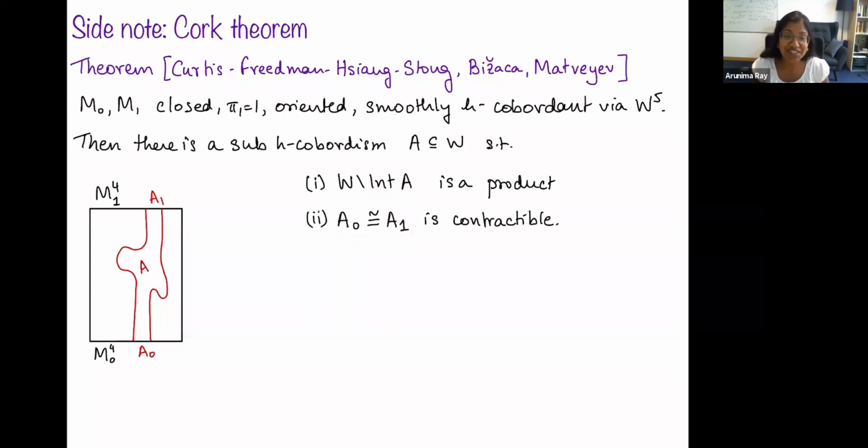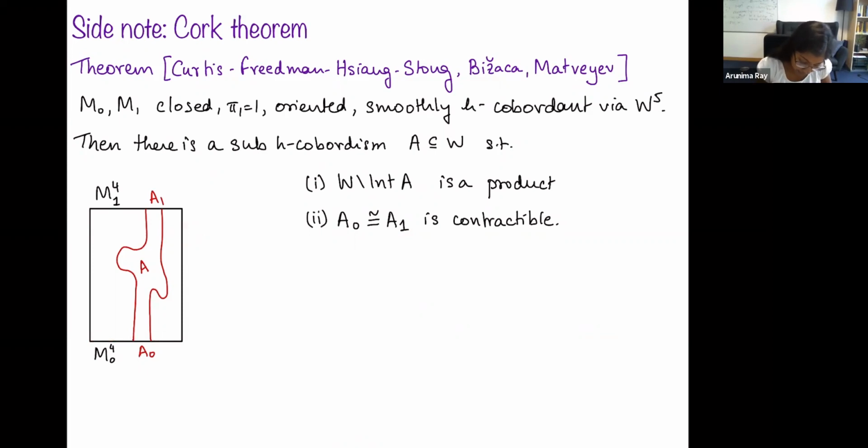So here's something that this theorem proves for us. Wall told us that if you have manifolds with isometric intersection forms, smooth, closed, simply connected, oriented, then there exists an H cobordism between them. And this Quark theorem is telling you that there's a sub H cobordism in which all of the interesting stuff is happening. So what's the difference between M0 and M1?